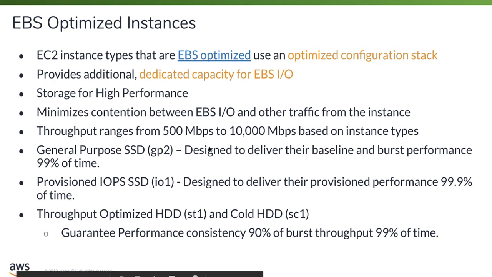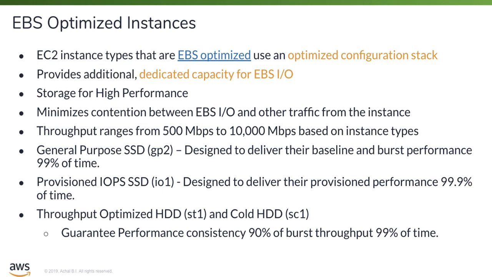There is something called EBS optimized instances, and these are basically instance types which are specifically designed to communicate with EBS by providing high performance. These are optimized with a particular configuration stack, and have a dedicated capacity for EBS input output.